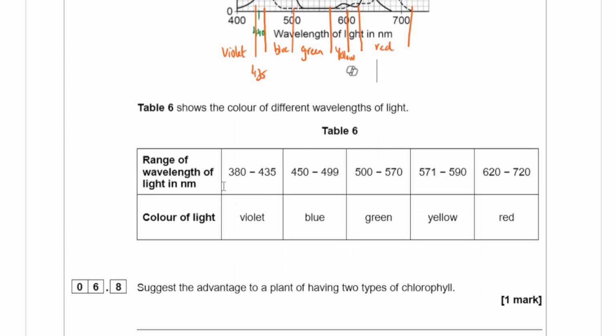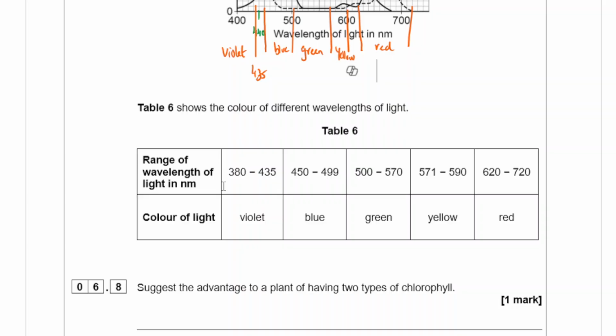So suggest the advantage to a plant of having two types of chlorophyll. Now if it has only one type of chlorophyll, that means it's limited in the amount of photosynthesis it can do. If it has two different types of chlorophyll, that means it can absorb two different wavelengths of light, and the wavelengths of light change during the day, from the time the sun rises to the sun sets.